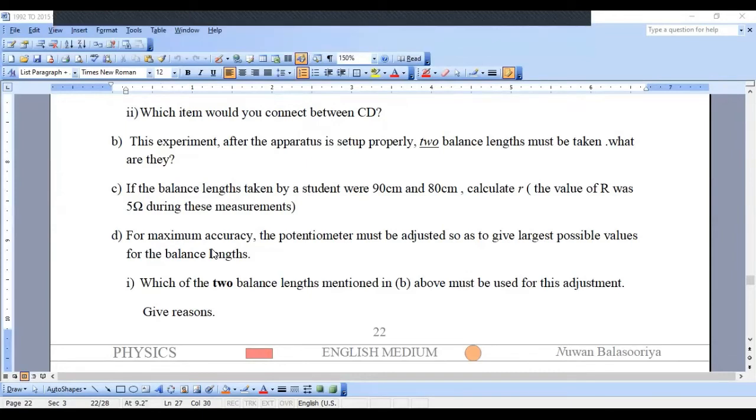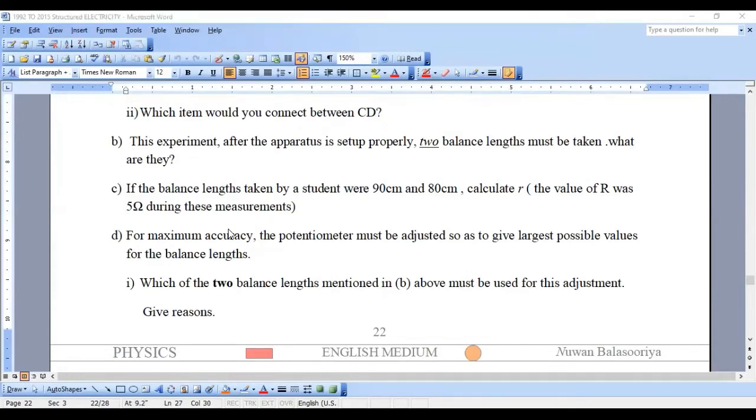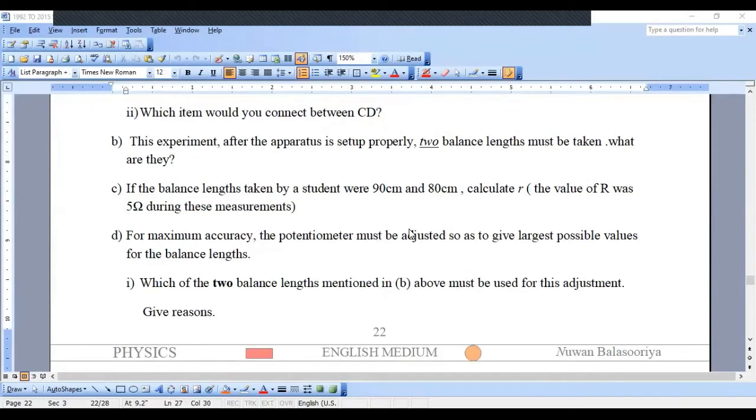For the maximum accuracy, the potentiometer must be adjusted so as to give largest possible values for the balance lengths. Right, which of the two balance lengths mentioned in B above must be used for this adjustment? So for the maximum accuracy, right, L1 and L2 should be largest.